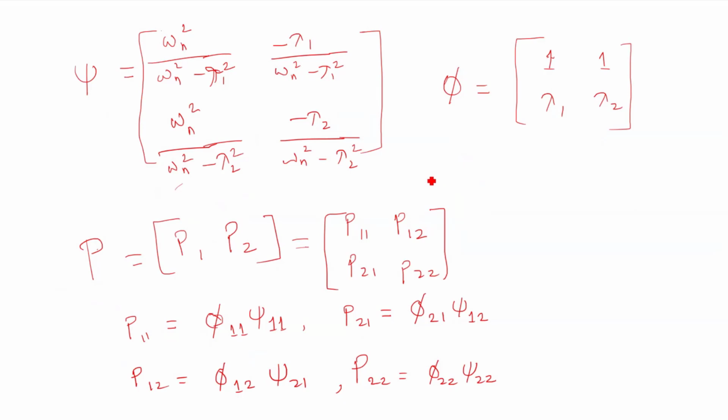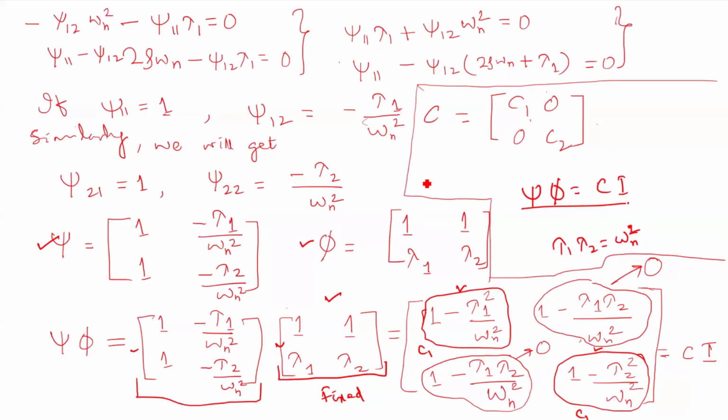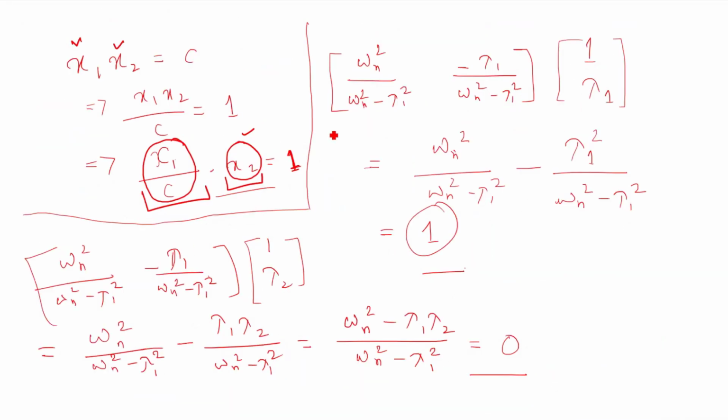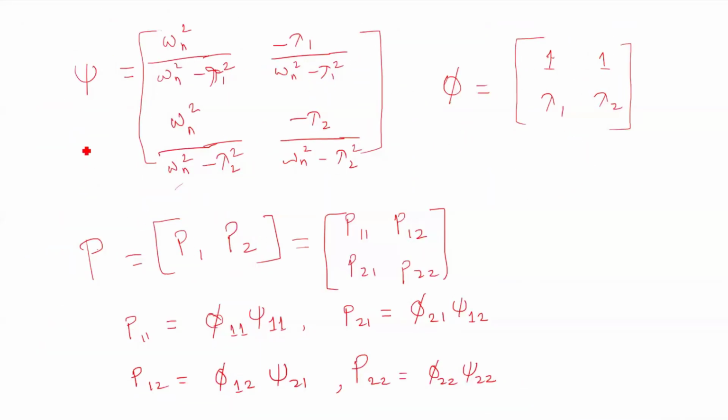If you see, your psi will look like this, because I divided this 1 minus lambda 1 square by omega n square in the row of the psi1 vector and psi2 vector. This is your psi1 vector, this is your psi2 vector. So if I divide, I'll find this one.